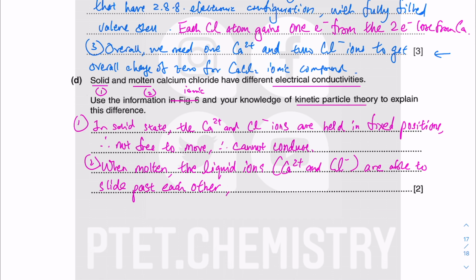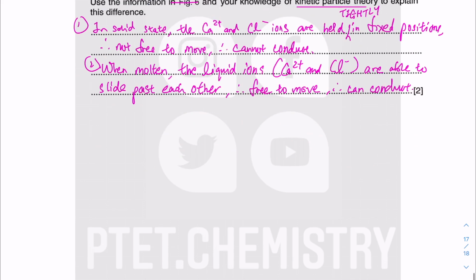Slide past each other, therefore free to move. They've got a bit more spacing compared to the solid particles. In the solid they are held tightly in a fixed position. So free to move in the liquid state, therefore can conduct. That's it for that question.